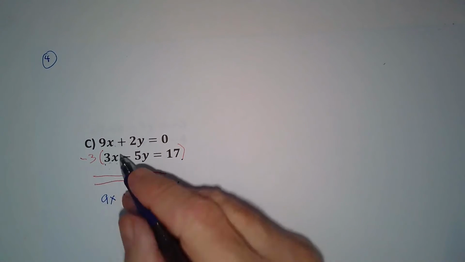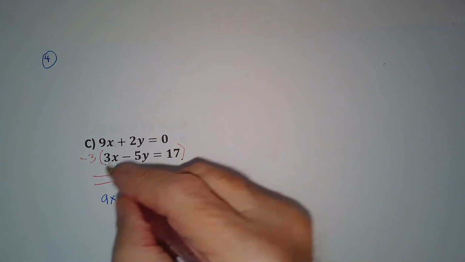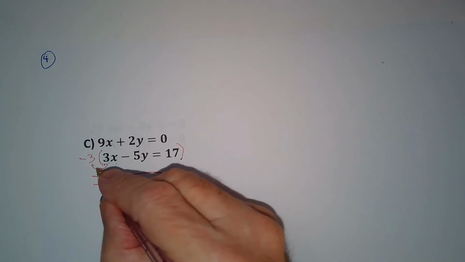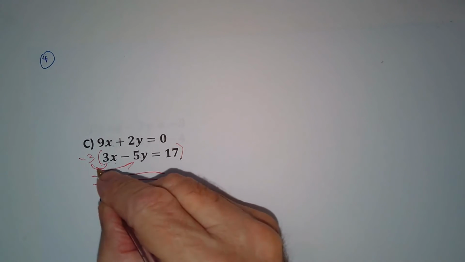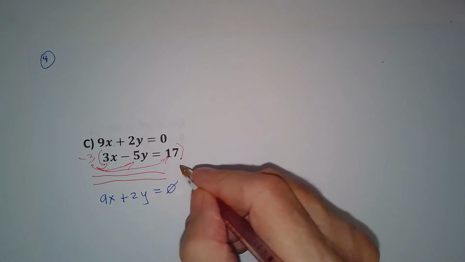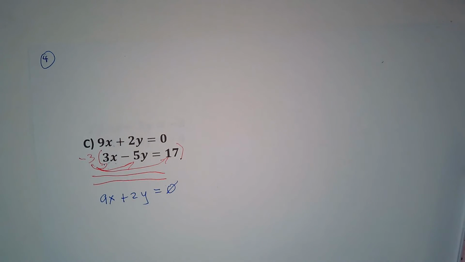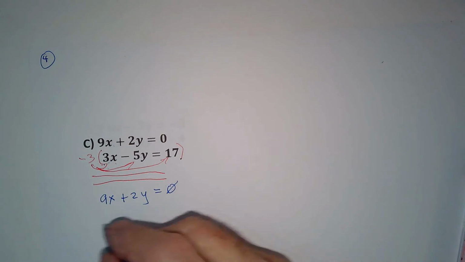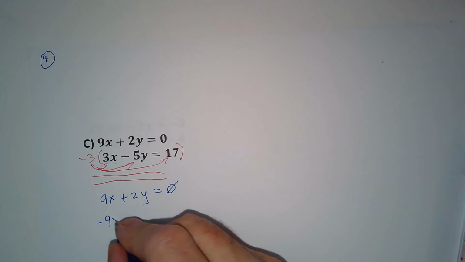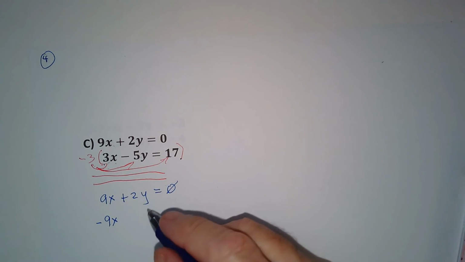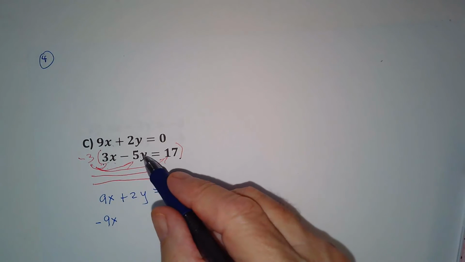And then I'm going to distribute the negative 3 to the 3 and to the negative 5 and over here to the 17. So negative 3 times 3 is negative 9, and it's x's, okay? It's negative 9 x's. Negative 3 times negative 5 y's, that's positive 15 y's, right?